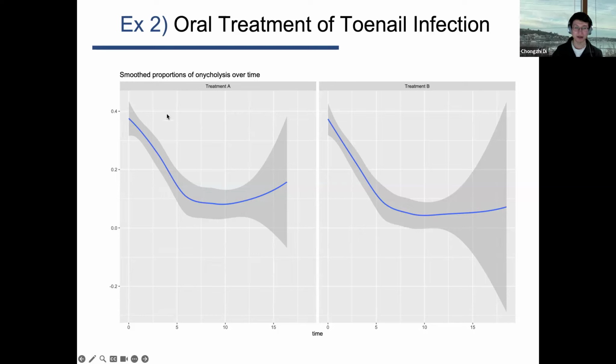For both treatments, you can see that at the beginning, they have a probability of roughly closer to 40% of reporting a positive response. Then the probability declines over time, and maybe around here it goes really small.